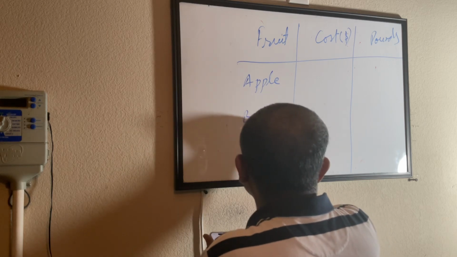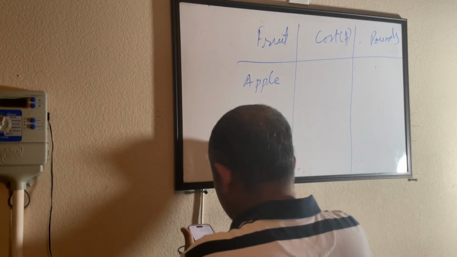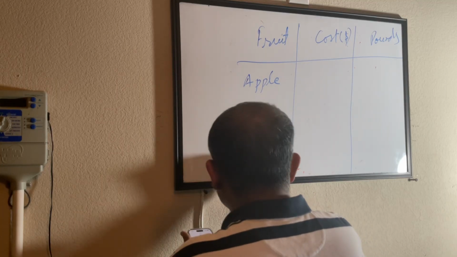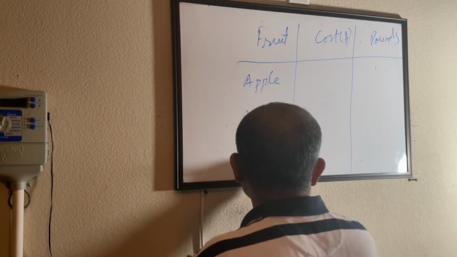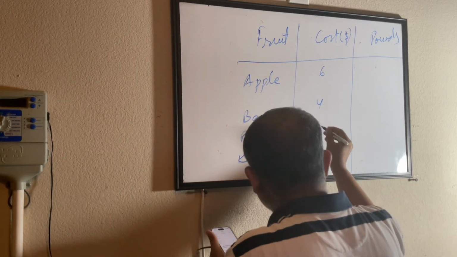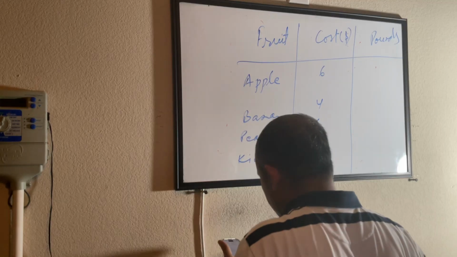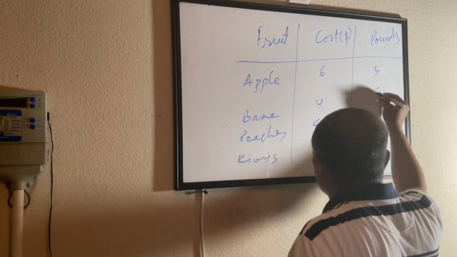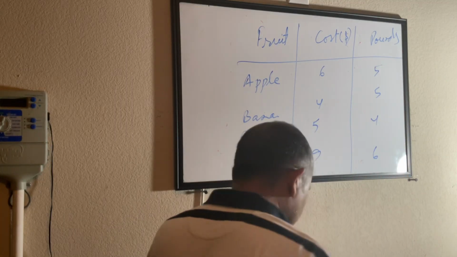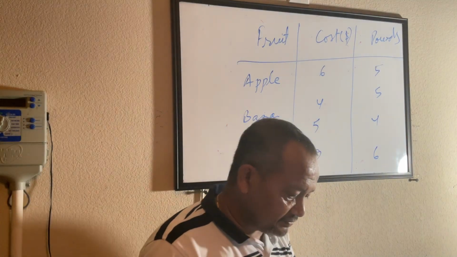Apple, bananas, then peaches, and then kiwis. Then you have 6, 4, 5, 9, and you have 5, 5, 4, 6. So this is a table given to us.